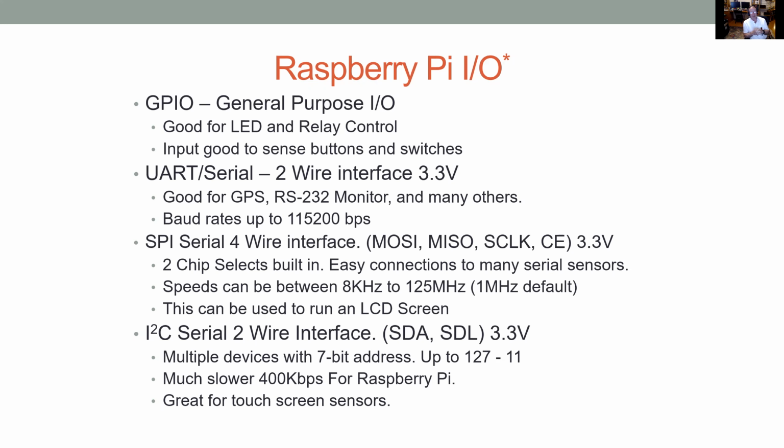It's a much slower speed, 400 kilobits per second on the Raspberry Pi, and typically the I2C doesn't go any faster than 400. So you can see that it's much slower, but you can have many, many more devices on the same bus. So it's a marvelous interface. And if you're looking at devices, if you don't need to do it quickly, this is probably the interface you want to use.